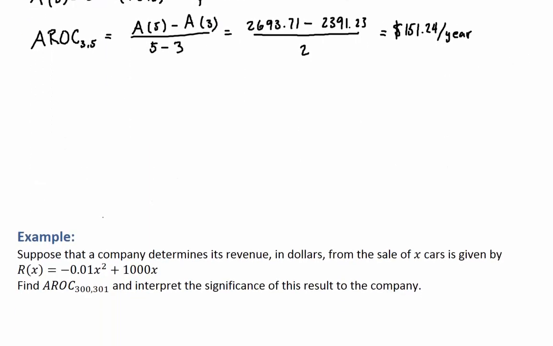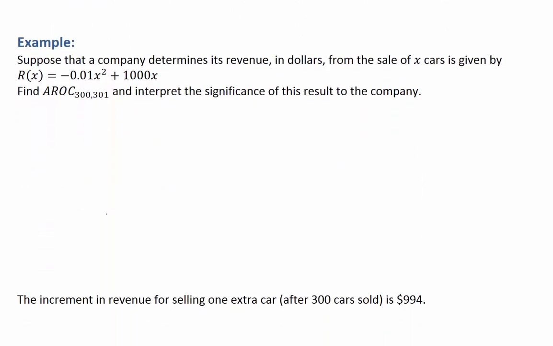Alright, so let's move on to the next one. Let's make sure we get the right answer. Let's suppose that we have a company and the revenue is given by this formula, the revenue in dollars and x the number of cars they're selling. So let's find the average rate of change between 300 and 301.